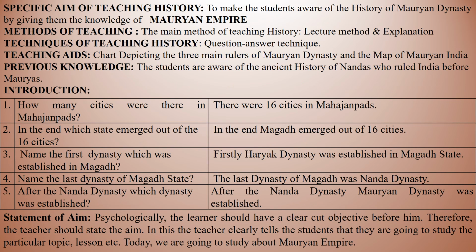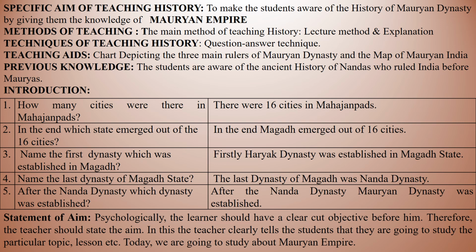After you have written the general aims of teaching history, you have to write the specific aim of teaching. The specific aim of teaching the topic should be only one suitable to the topic you are planning to teach. My topic is Mauryan Empire, so my specific aim of teaching today is to make the students aware of Indian history by giving them the knowledge of Mauryan Empire.